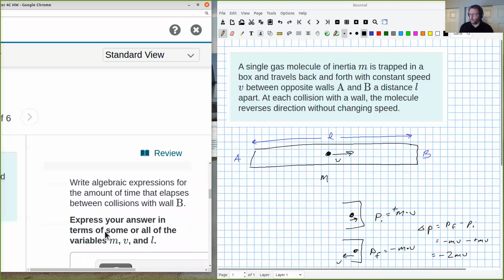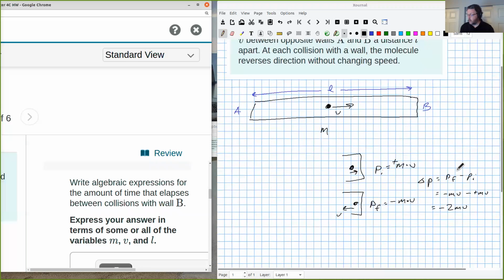All right, write an algebraic expression for the amount of time between collisions with wall B. Okay, so now we're imagining the molecule has hit wall B, it turns around, it now goes all the way across the tube, hits the other wall, does exactly the same thing. It hits, changes momentum by 2mv, turns around, going the same speed as before, and goes all the way back again.